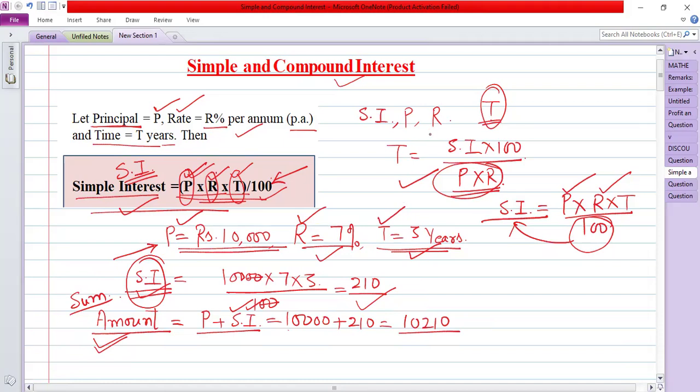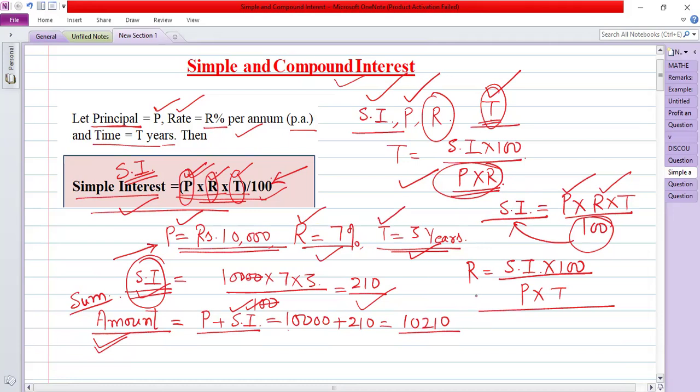Similarly, suppose simple interest is given, principal amount P is given, and time T is given. Then how can we find the rate? Obviously, rate will be given by SI, simple interest, into 100, divided by P into T. Again, one can very well see that this formula is derived from this one.